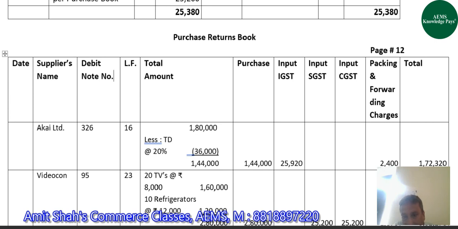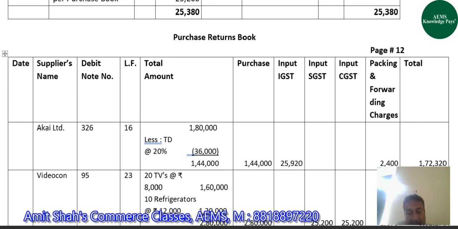What is debit note, that I explained to you earlier, guys. I hope you all remember what is debit note. I showed you the format of debit note also. Whenever we have to debit a party, whether a supplier or a customer, not for sale of goods, not for payment of money, but for some other reason, then we make a debit note.